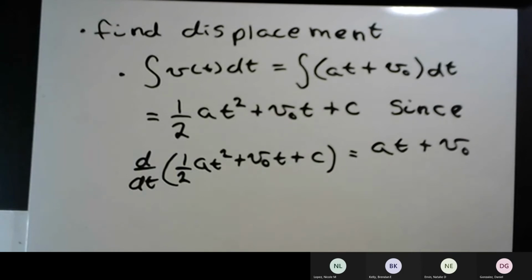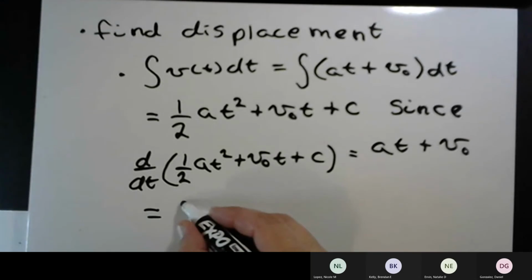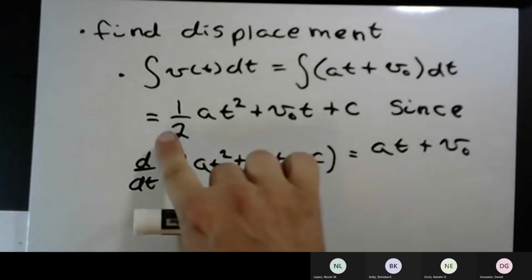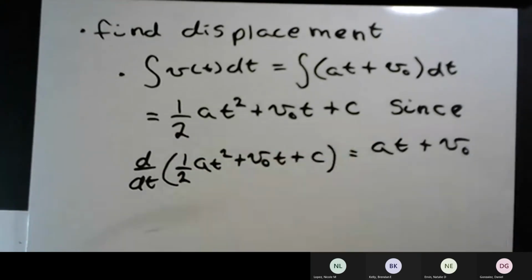And you can check this if you want. If you take the derivative of this, you'll certainly get that. So any questions? So this is going to be the displacement. Oh, not this. This is our displacement S of t.